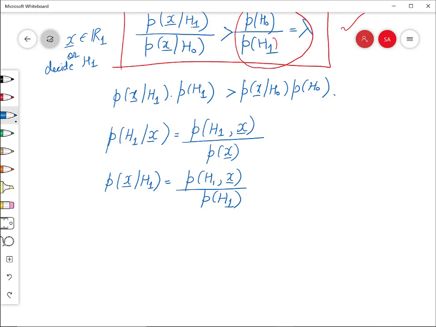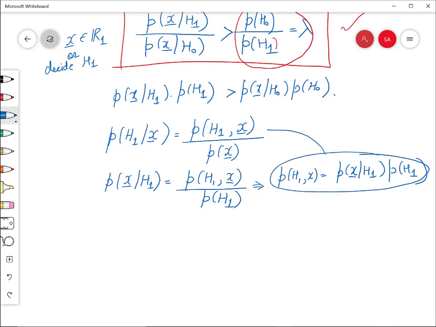Now what I can do is take this equation and write it as probability of h1 comma x equal to probability of x given h1 times probability of h1. I can put this expression here, so this is equal to probability of x given h1 times probability of h1 divided by probability of x.